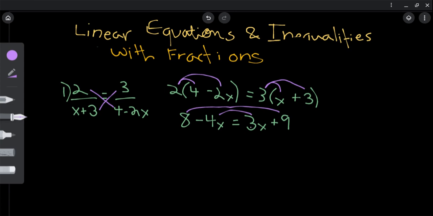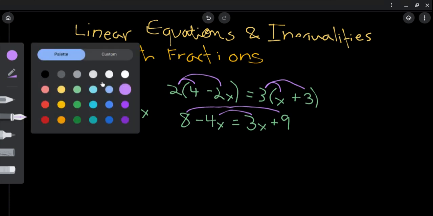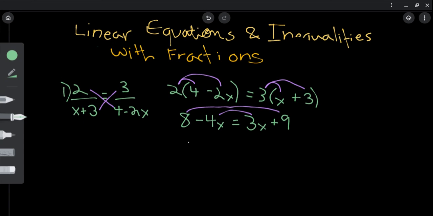So, we're going to move 3x to this side and 8 to this side, so they're with their like terms. So, let's do that. Remember, when we're moving it over, we use the opposite operation. So over here, it's plus 3x. So when we put it over here, it's going to be minus 3x.